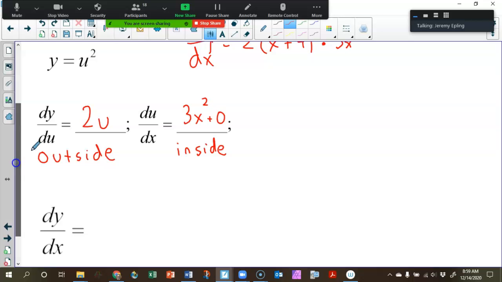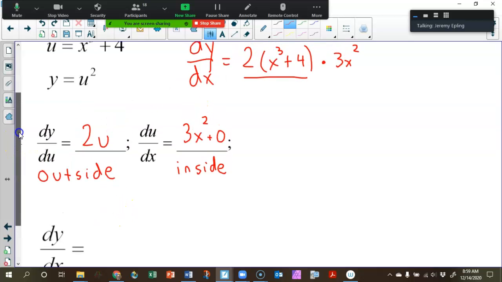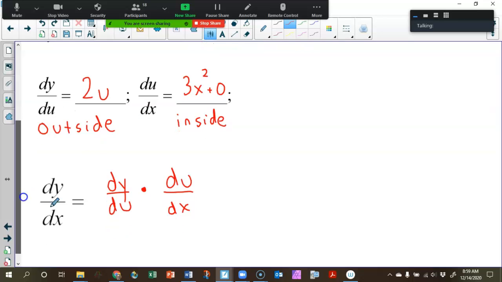Well, look at here. This is dy du. That's 2u. The derivative of the outside times the derivative of the inside, du dx. And we have the same exact pattern, differentiation by products, the derivative of the outside times the derivative of the inside.